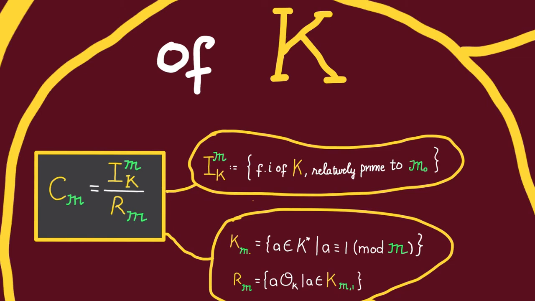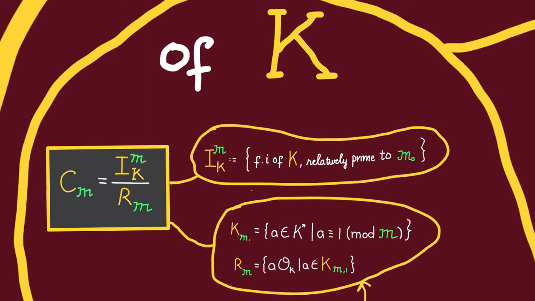Just like in that case, we define I_M to be the group of fractional ideals of K that are relatively prime to the finite part of M. And then similarly, we define R_M to be the group of principal fractional ideals of OK generated by elements a in K* such that a is congruent to 1 mod M.